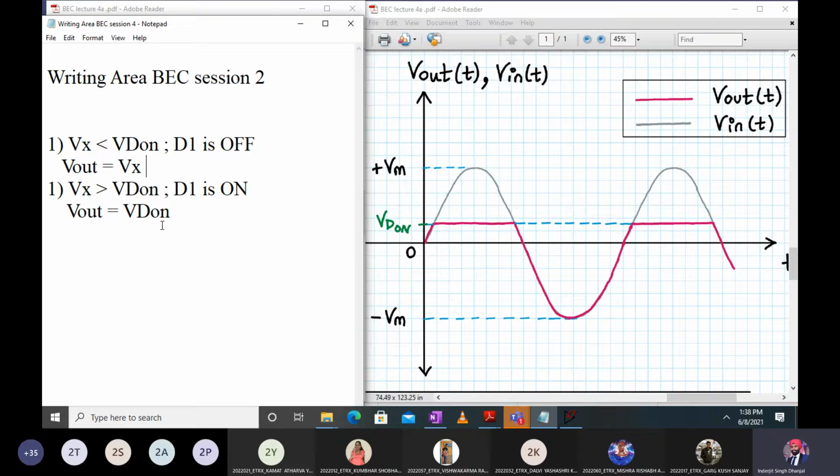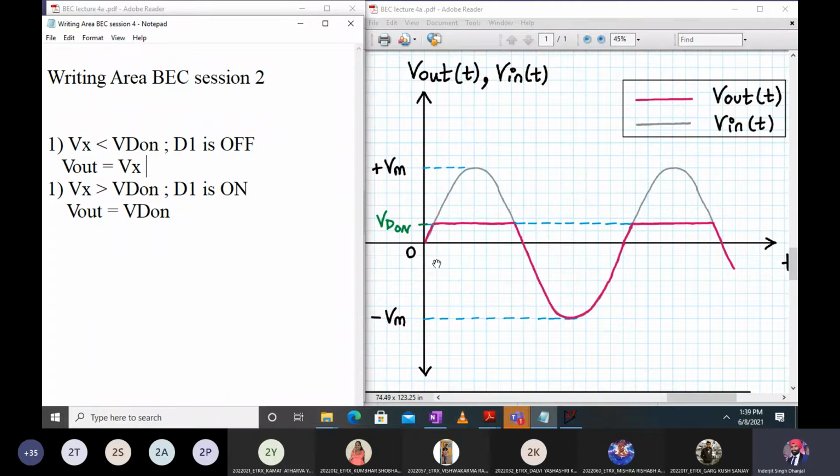But as soon as my input Vx crosses Vd on, my diode turns on and it will hold the voltage across the diode at Vd on, because that is what the constant voltage model means. So my output voltage will be a constant value equal to Vd on whenever the diode is on and my input crosses this Vd on level.